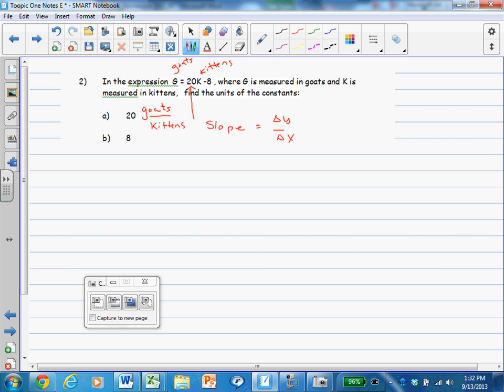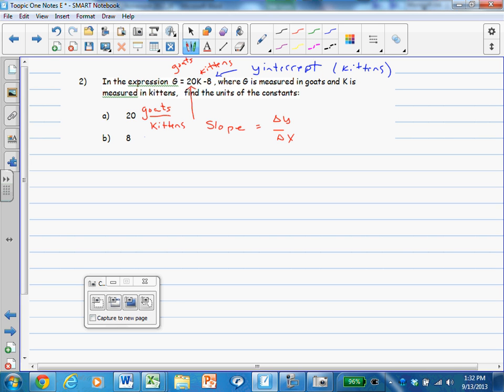Who can tell me what the units of 8 are? Oh, first off, tell me what 8 is. It's a y-intercept, right? What are the units of y? Kittens, right? So what would be the units of 8?